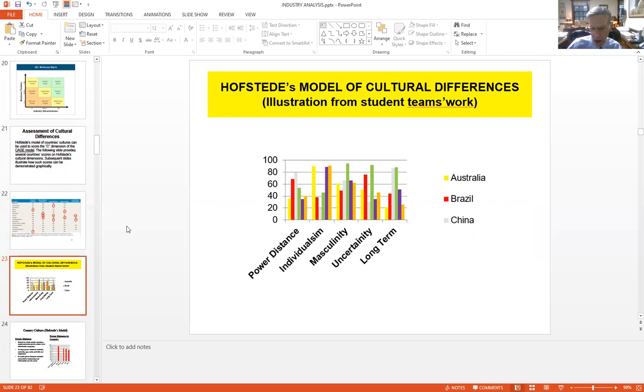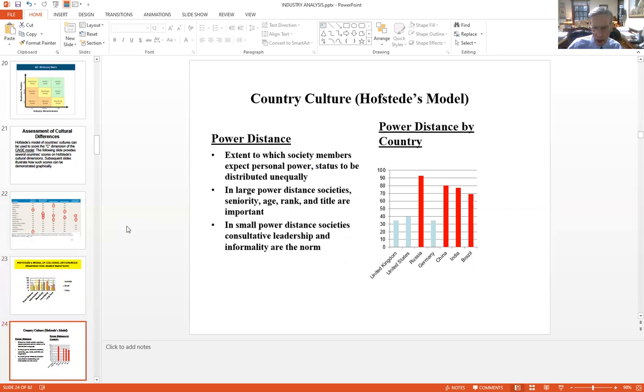In this case, it looks like we're comparing Australia, Brazil, and China on those 5 measures. And so perhaps the company that this team was interested in had operations in those 3 countries.